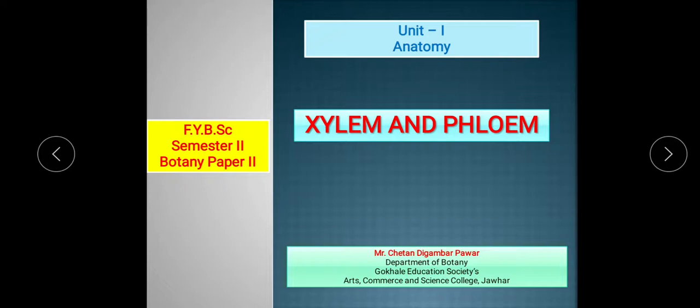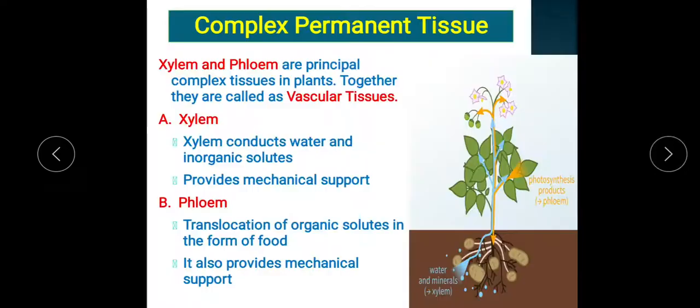In our previous presentation, we had discussed the simple permanent tissues from this unit, and in today's presentation we are going to see the complex permanent tissues, which include the xylem and phloem. So let's start with today's complex permanent tissues.